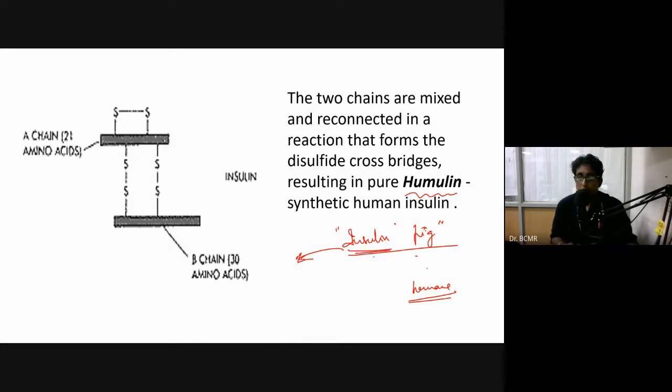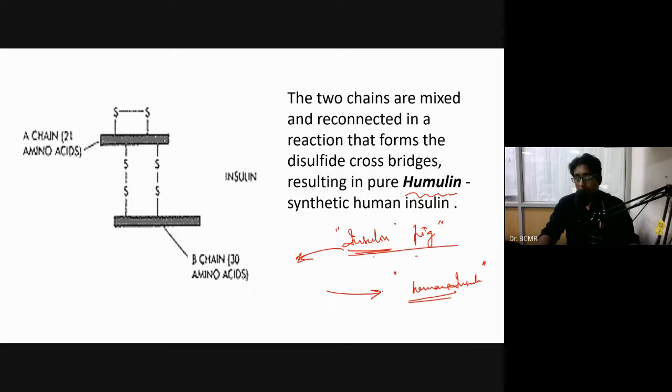So the best possible way is to have human insulin, right? Because then the insulin will not be cleaved or degraded by the immune system, because it's a natural one that is present in humans.